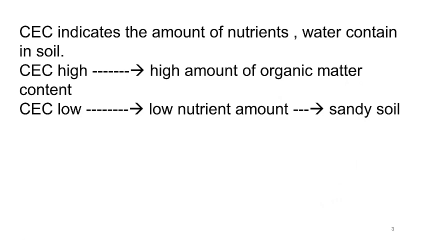If the cation exchange capacity is high, the soil contains a high amount of organic matter and is rich in nutrients. If the cation exchange capacity is low, the nutrient amount is low and it's a sandy soil. That's how we can predict the soil variety using cation exchange capacity.